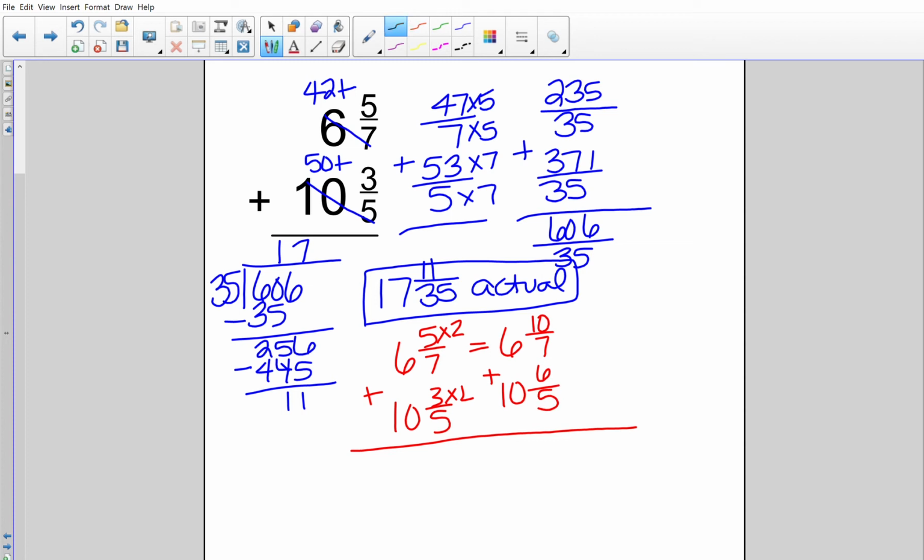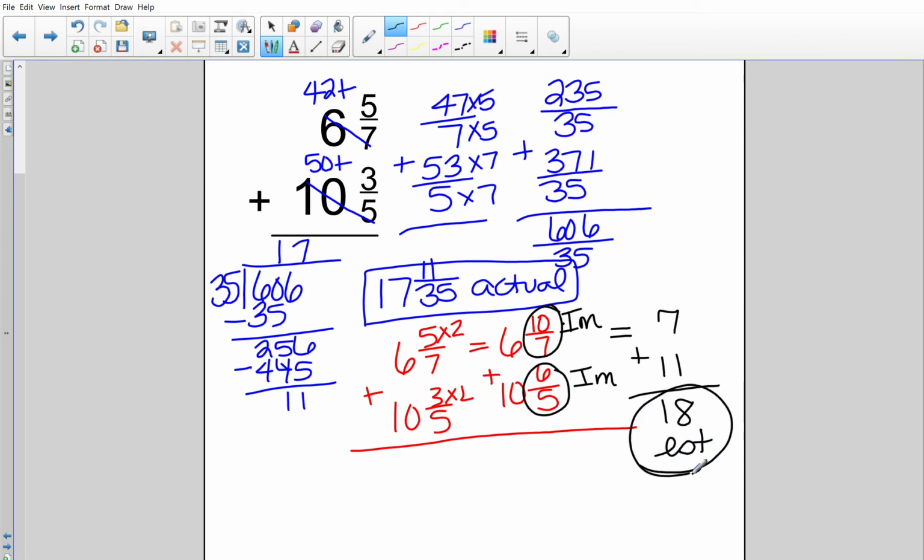So if you look at these, this is improper and this is improper, right? So if they're improper, then that means that that 6 rounds up to a 7 and that 10 rounds up to an 11. So we're going to add those together, and I'm going to get about 18 as my estimate.